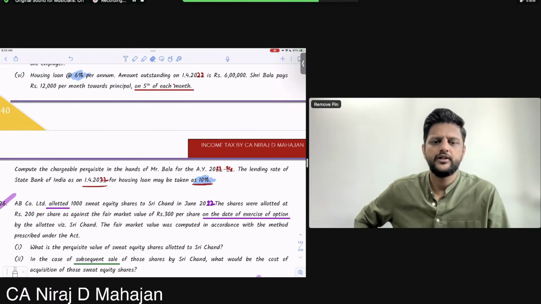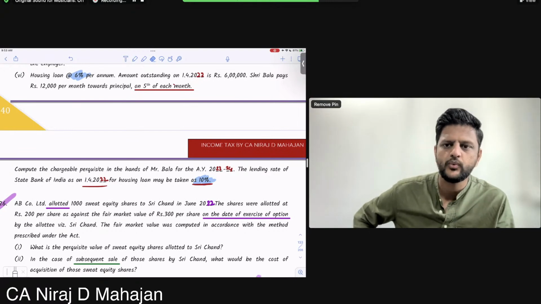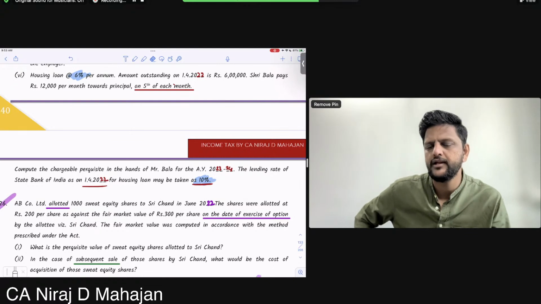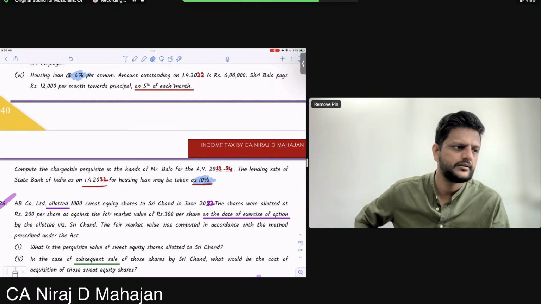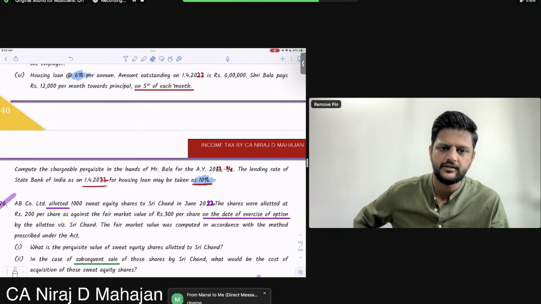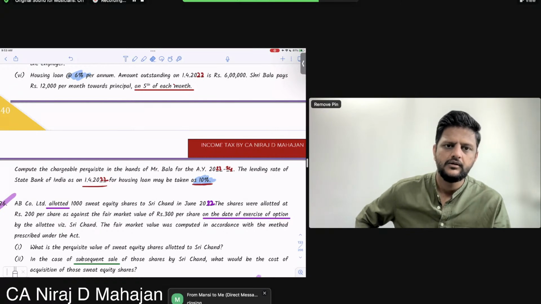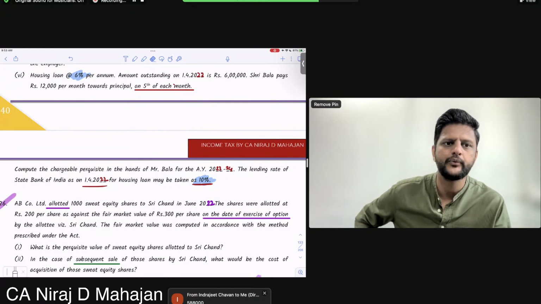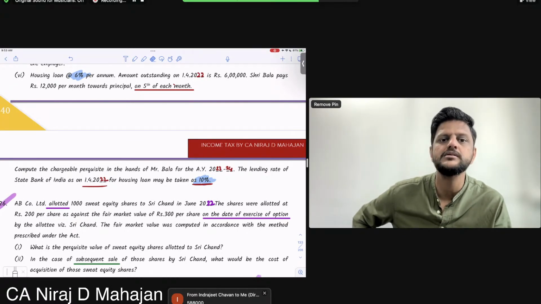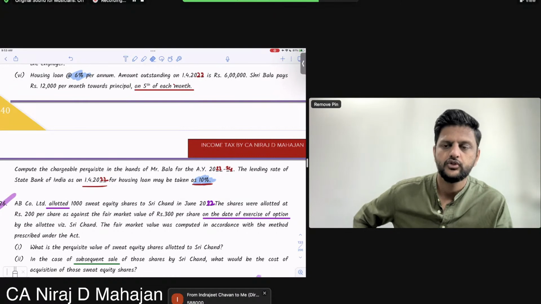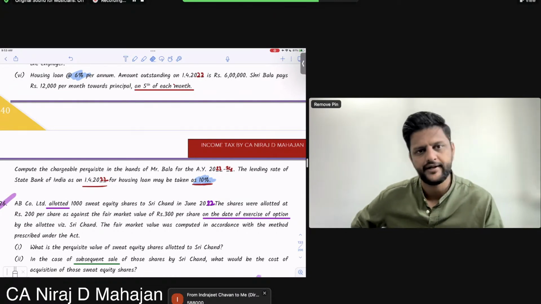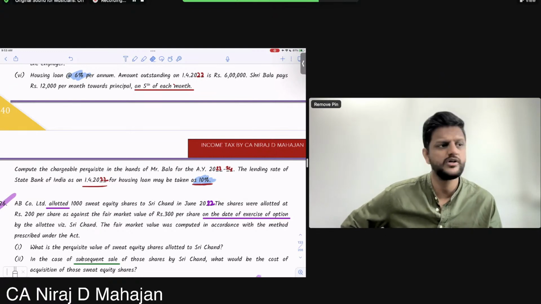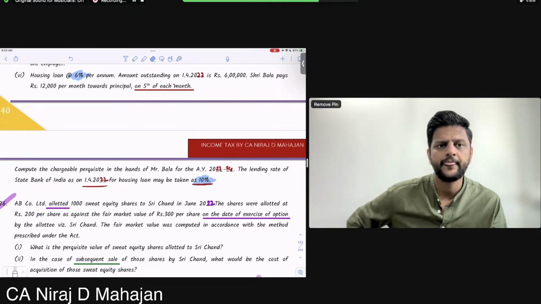For the month of April, you will charge on 5,88,000. Why? Because you charge interest on which balance, opening balance or month end balance? You charge on month end balance, closing balance, correct? So you are paying principal on the 5th of every month. On 5th April you paid 12,000, so for April end your balance is 5,88,000. So for April you will charge on 5,88,000 at the rate of 4% for 1 month, because every month your balances are changing.